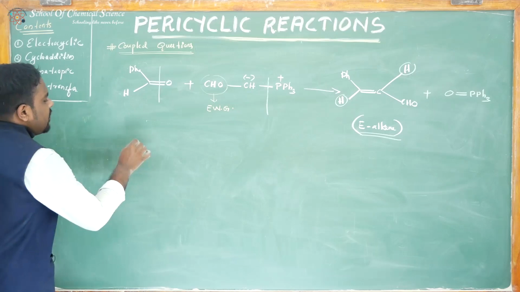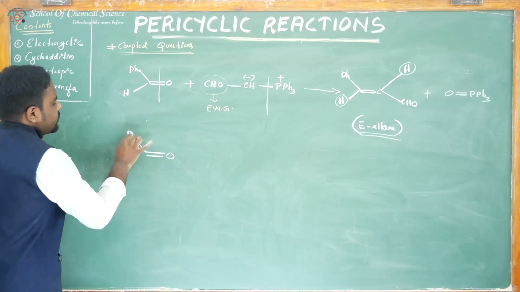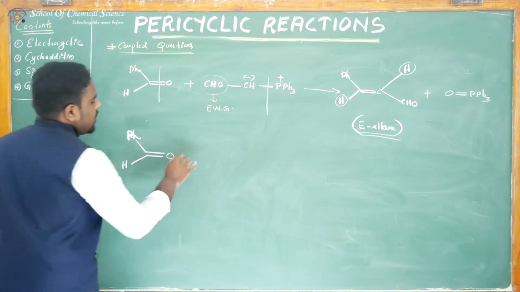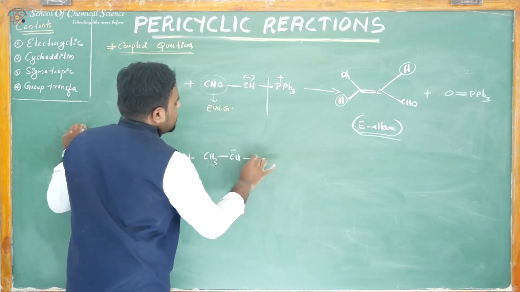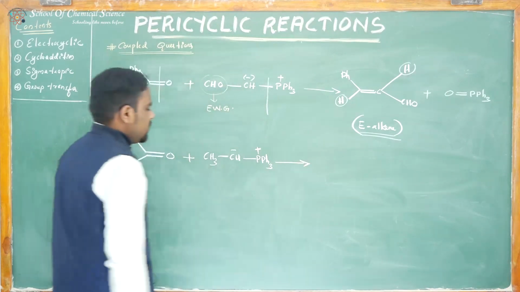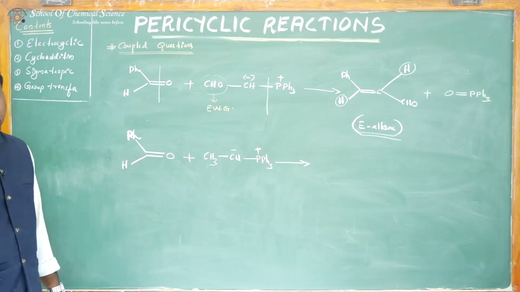Okay, another example: PhCHO plus the ylide CH3CH⁻–PPh3⁺. What is the type of reaction? Carbonyl compound plus phosphonium ylide, Wittig reaction.